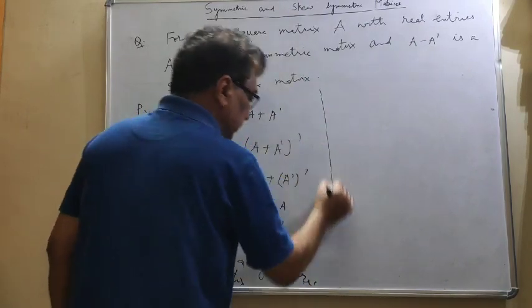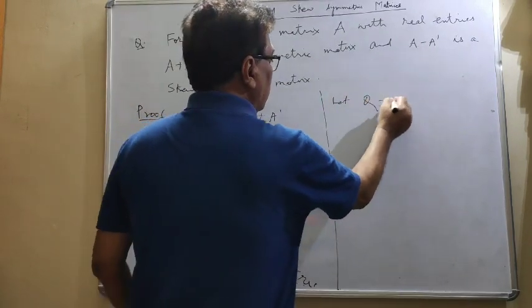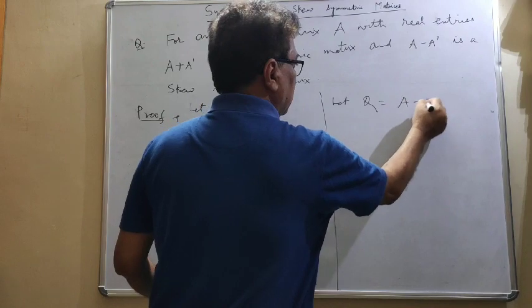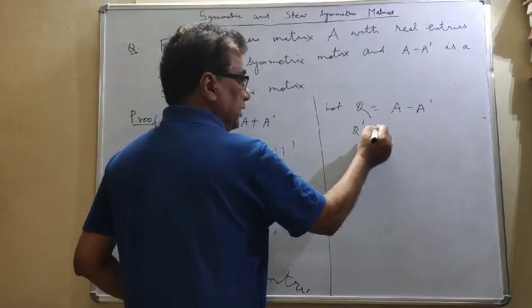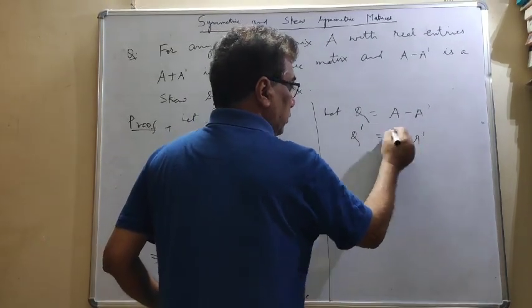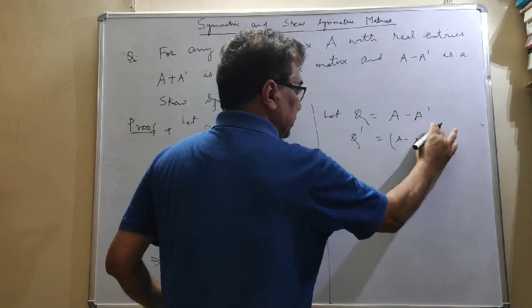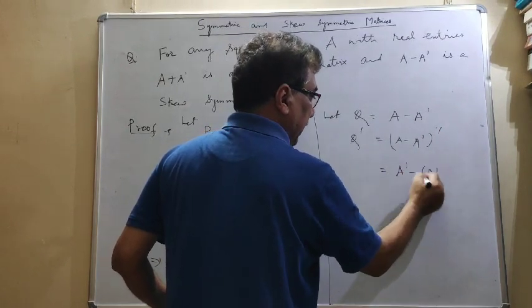Now the second part. Let Q be equal to A minus A dash. Again taking transpose on both sides, we may write T also here, no problem. So this is A dash minus A dash of dash.